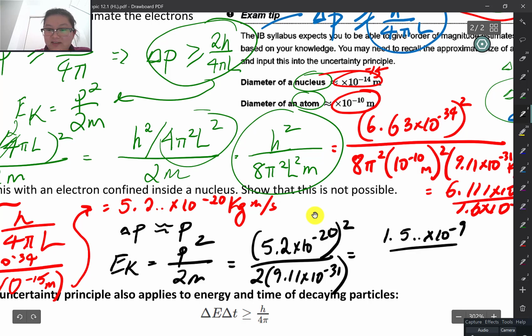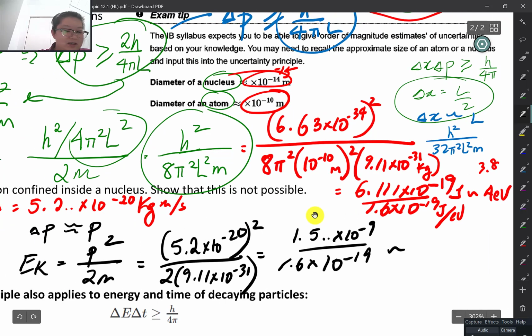And if we divide this to find the electron volts, this is going to be roughly 9,548-ish mega electron volts. So that's approximately about 10,000 mega electron volts.